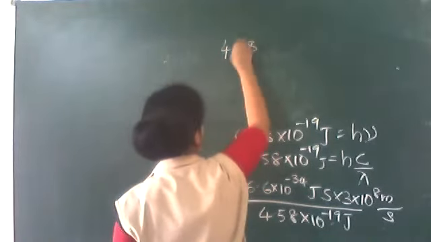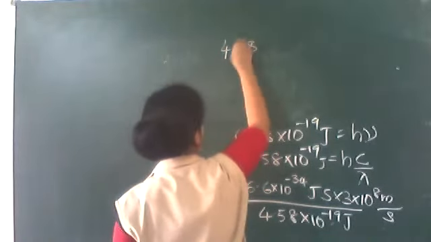Nu is equal to 4.58 into 10 to the power minus 19 joules divided by h. What is h? 6.6 into 10 to the power minus 34 joule second. So frequency you will be getting in terms of second inverse. Joule got cancelled, you got second inverse.